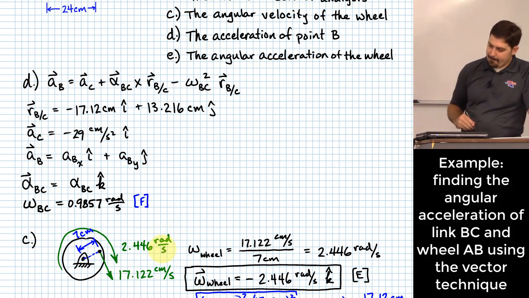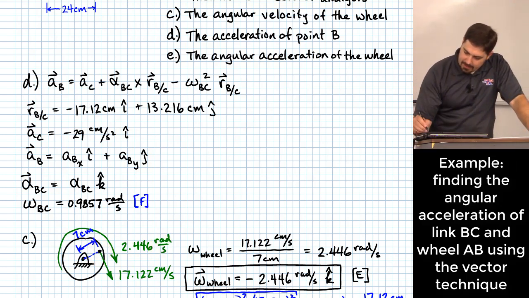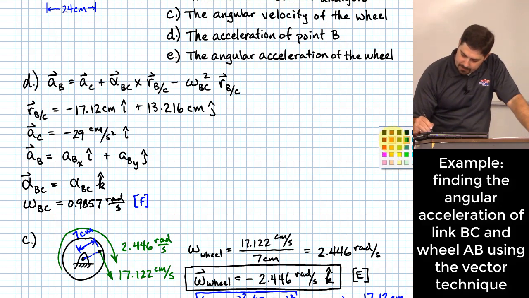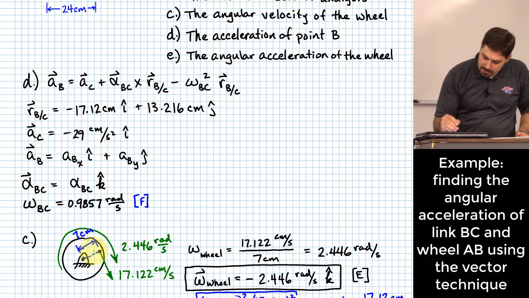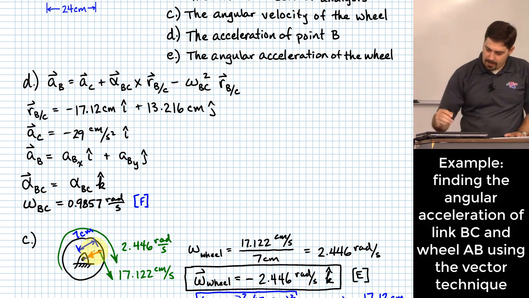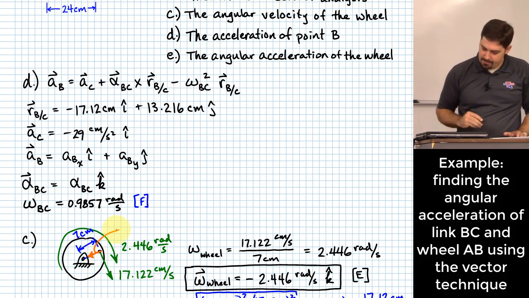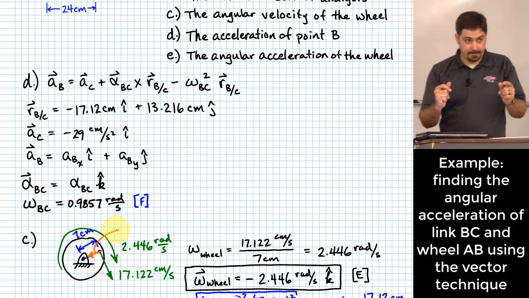All right. I'm going to change my color here, orange will be my accelerations. That means that point B over here, I know what its centripetal acceleration is. All right, what is this centripetal acceleration? Instantaneously, right here at this time.